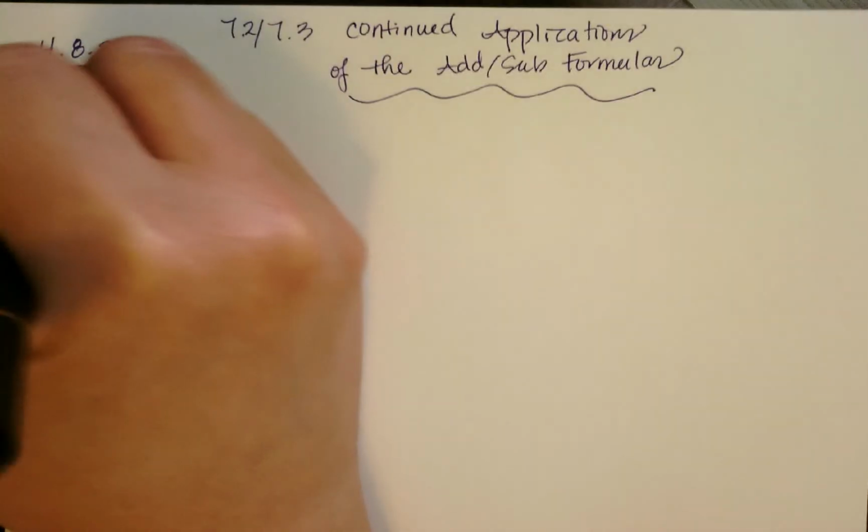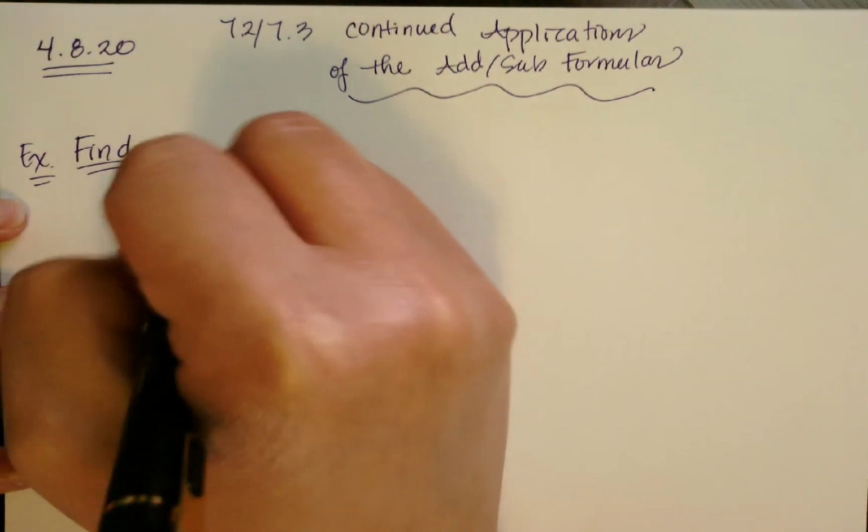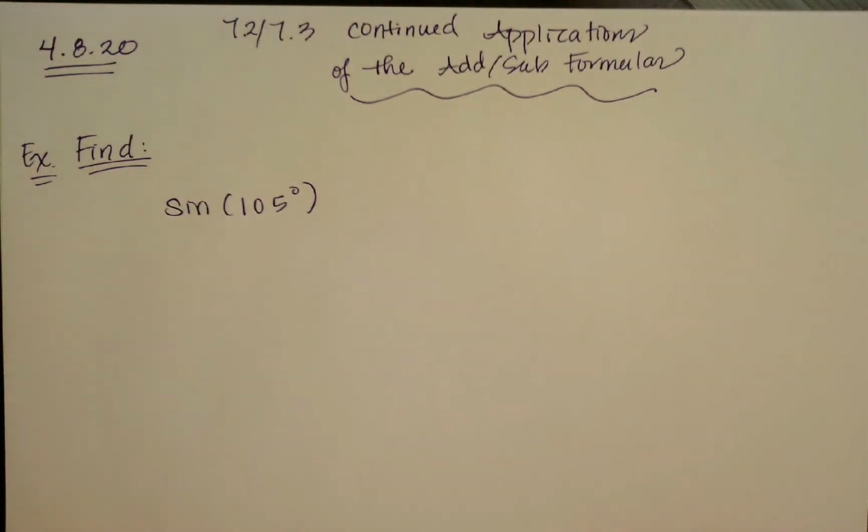Alright, what if I told you to find sine of 105 degrees? And if you go on your unit circle, 105 degrees is not famous. Go to 90 degrees, and then our next famous spot is 120 degrees. So how are we supposed to get 105 degrees?